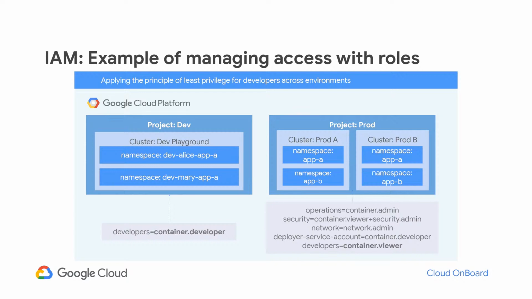In the prod project, developers are granted only the container.viewer role. That gives them read-only access to the cluster because it's assumed that the operations staff will be the only ones that need to get in there and work with the cluster directly and have administrative privileges.